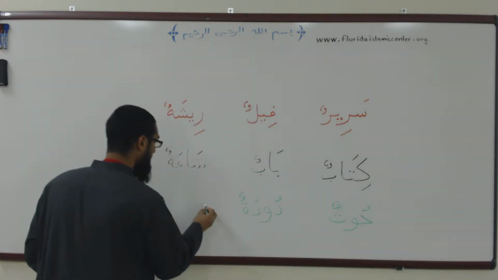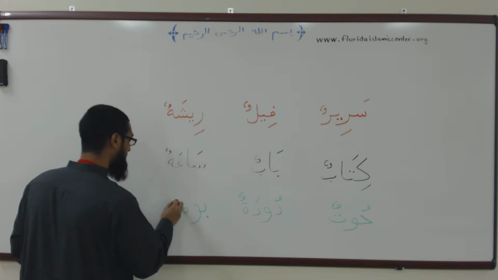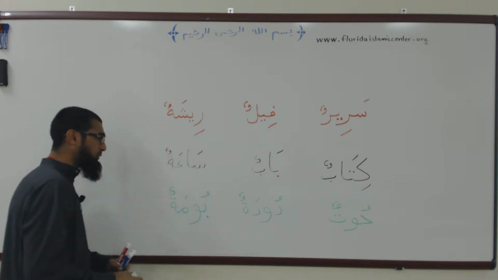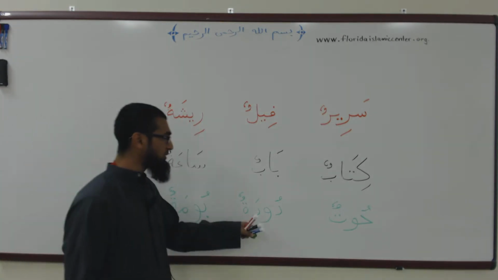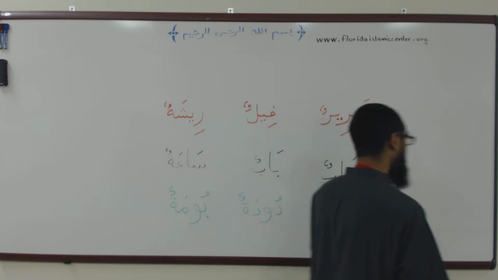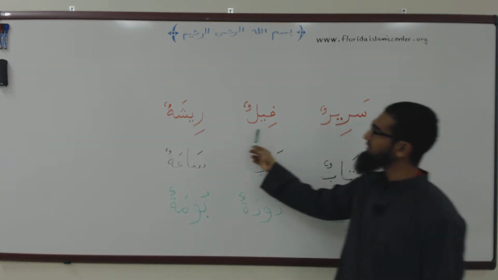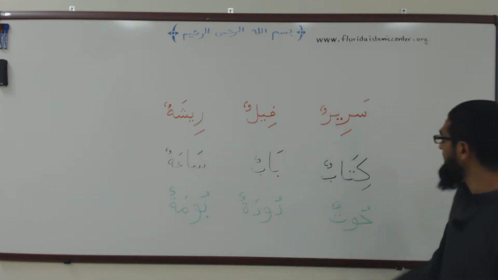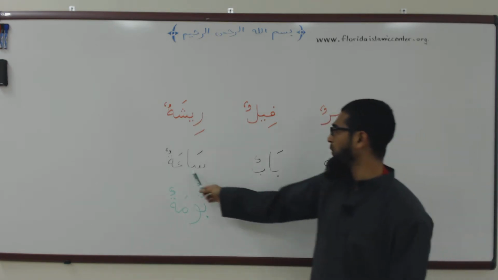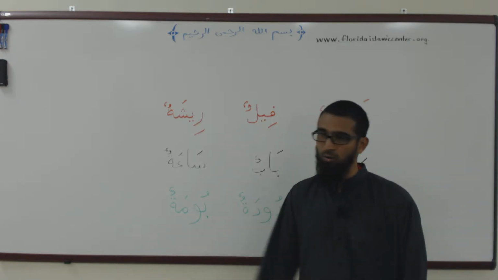Boomatun, an owl. And what's dudatun? A worm. Hutun is a whale. So we have bed, elephant, feather, book, door, watch, whale, worm, owl.